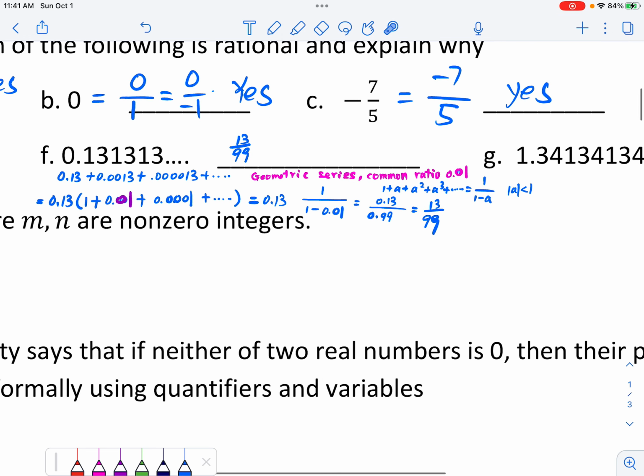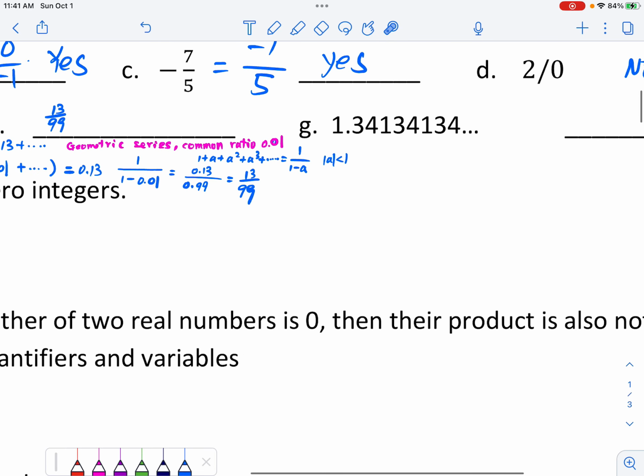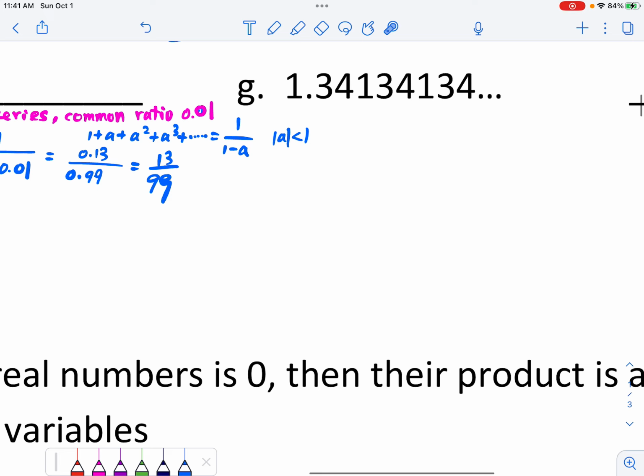Now the second approach. You can think of it as creating an equation. Let me call this x as 0.1313 and so on and so forth. Let's begin with that.